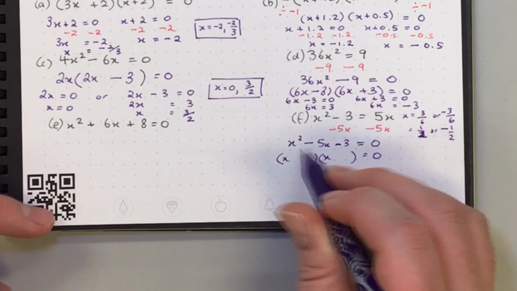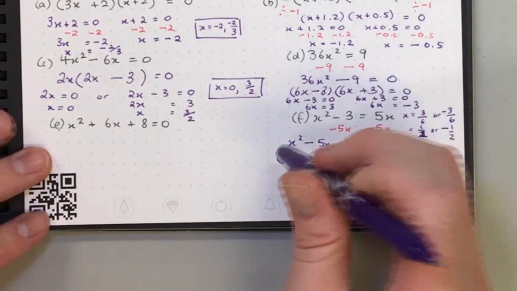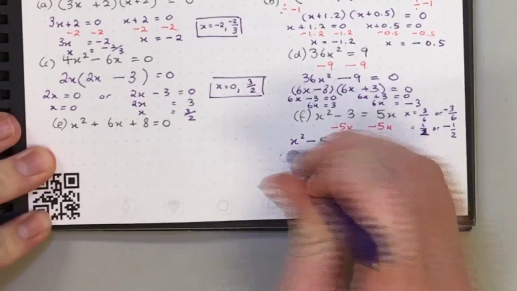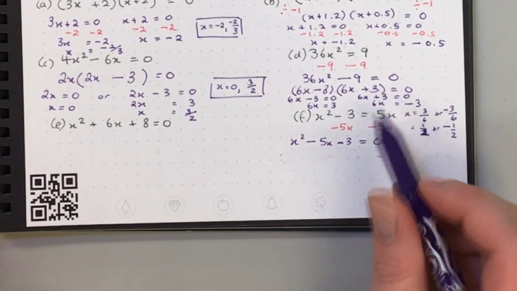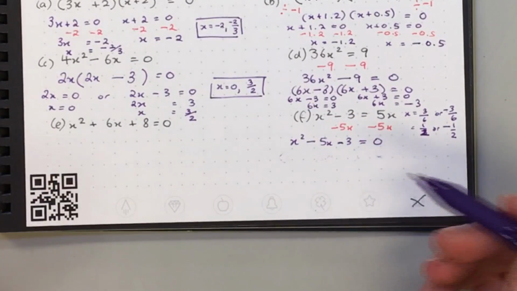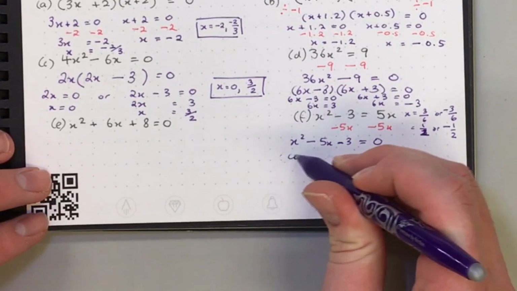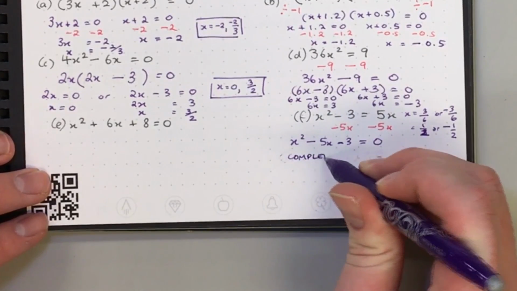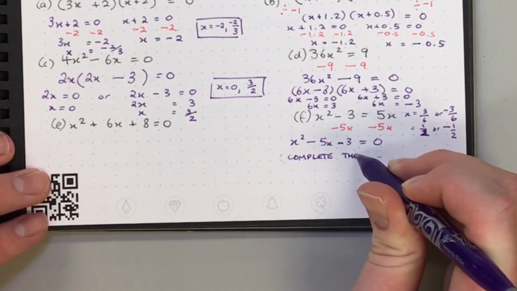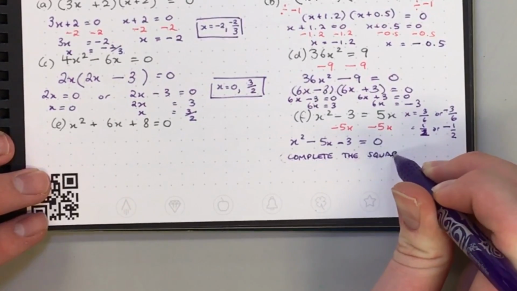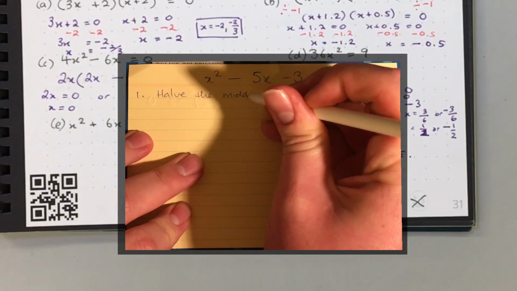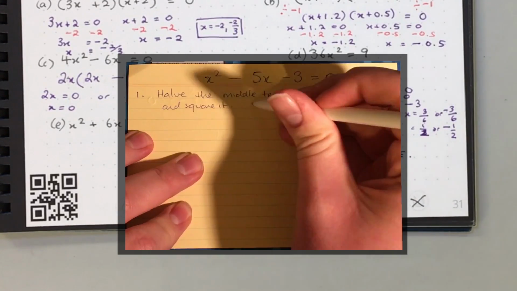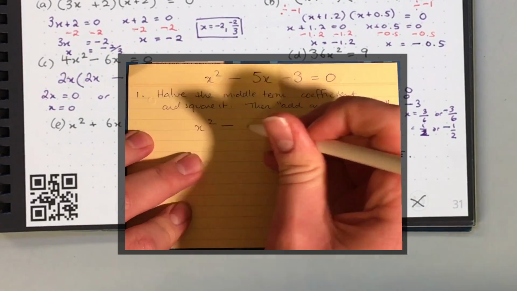And there are no numbers. This can't be factorized. So this is actually a question from the textbook. What we'll have to do, if we can't factorize it, is complete the square. So this one will have to complete the square, which I'll do as our next example.